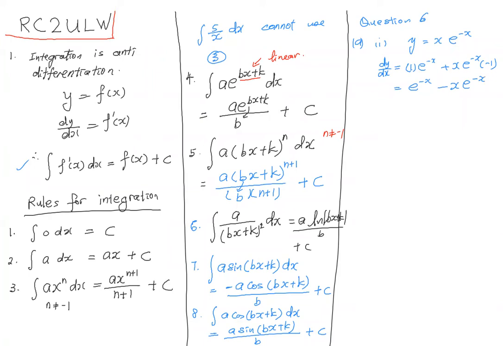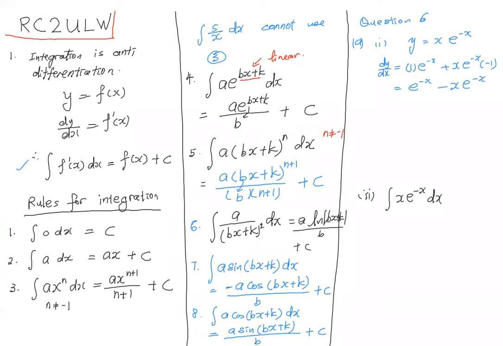Whether I should factorize or not, I will look at what they want me to do for part 2. So what do they want you to do for part 2, may I know? Yeah, they want you to integrate this term. We know that none of the rules can be used for this one.